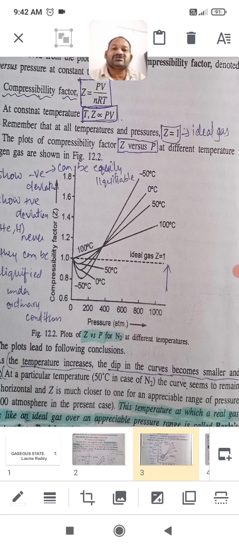At a particular temperature, 50 degrees centigrade in the case of nitrogen, the curve remains almost horizontal, and Z is much closer to 1 for an appreciable range of pressure, 0 to 100 atmosphere in the present case. Thus, the temperature at which a real gas behaves like an ideal gas over an appreciable pressure range is called Boyle's temperature or Boyle's point.